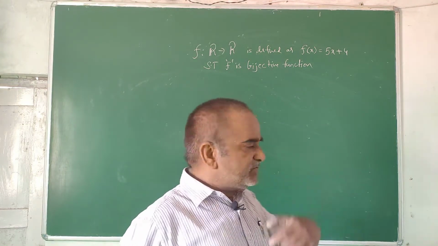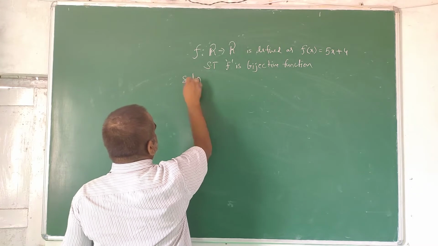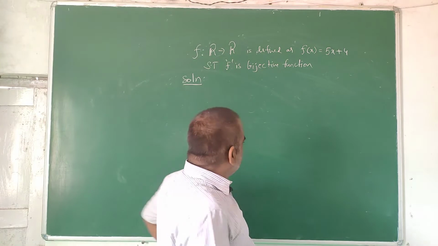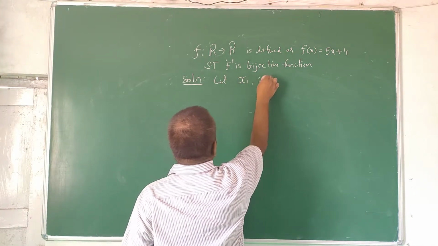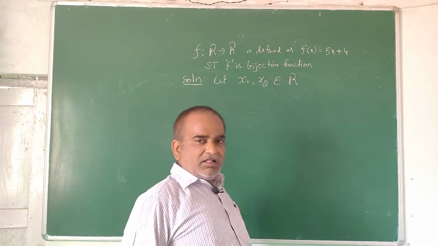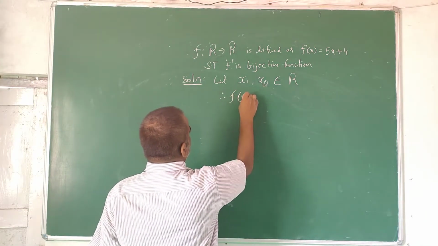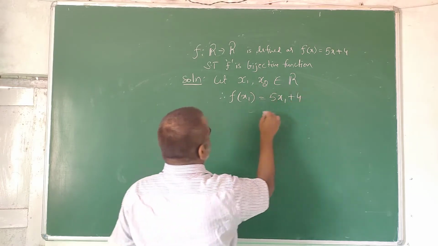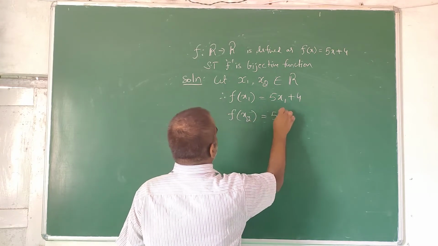So now how will we prove? You see, solution. First let x1, x2 belong to R. Therefore f of x1 would be 5x1 plus 4. f of x2 would be 5x2 plus 4.